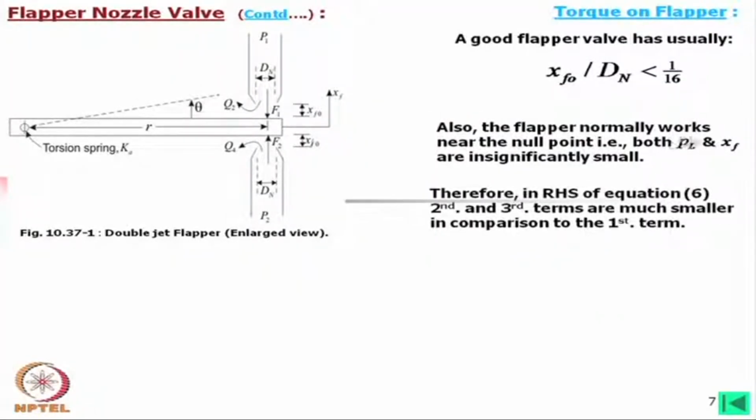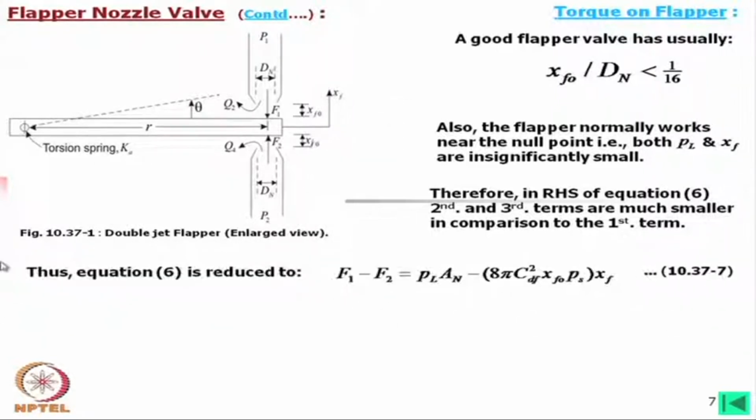Anyway, if these are too small, therefore, on the right hand side of equation 6, the second and third terms are much smaller in comparison to the first term. And then finally, if you look into that equation, we can neglect two terms and we can have this usable equation to estimate the controlling force. Okay.